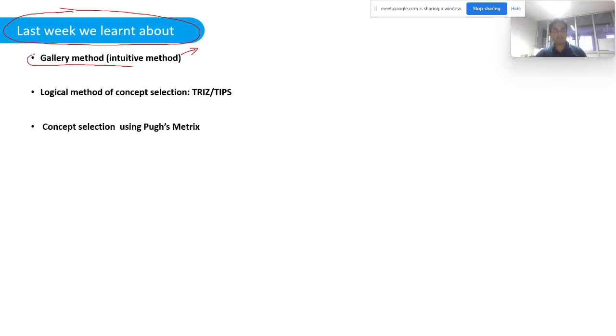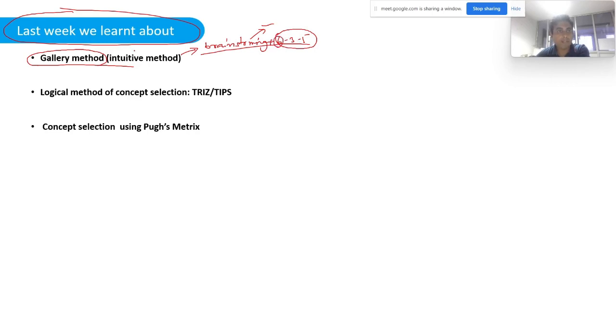Then we discussed that the gallery method is a combination of both brainstorming plus 635. The benefit is that in brainstorming, the ideas are not very directed towards the functional requirements. Similarly, the issue with 635 is that we have a very limited number of people involved in the process, because there are only 6 people involved here.